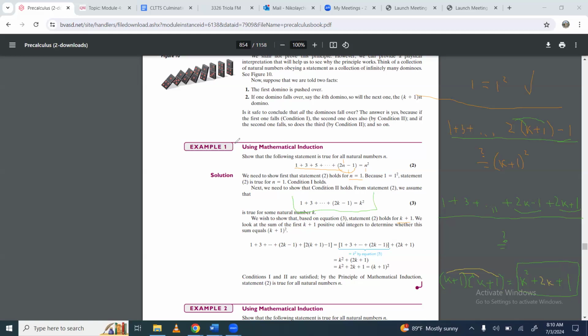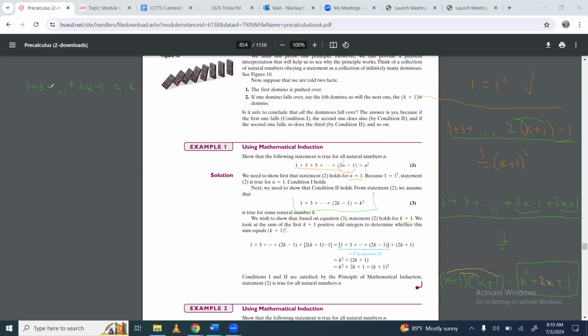Remember, the method of induction says if you have something that works for the case of k, and you go all the way to k, so the last will be 2k minus 1, just like in the formula, then it must be equal to k squared, right?